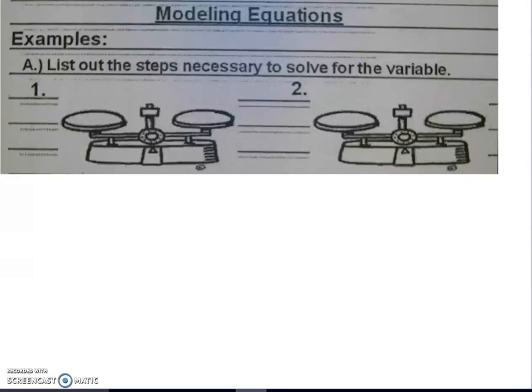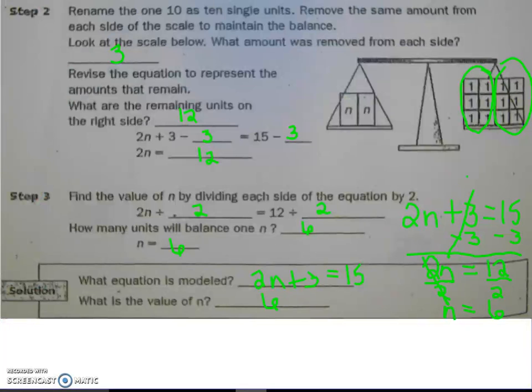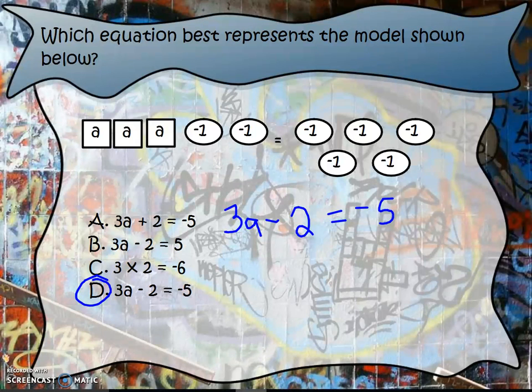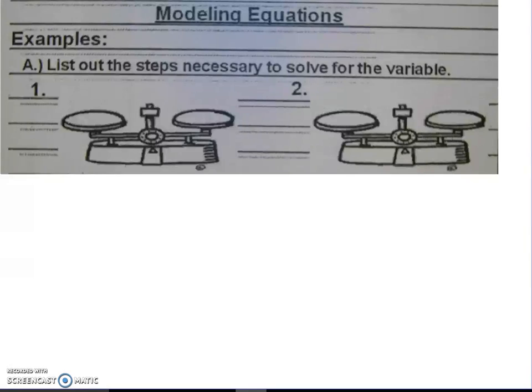So we're going to write down, 3a minus 2 equals negative 5. Alright, so the opposite of minus 2 is plus 2.